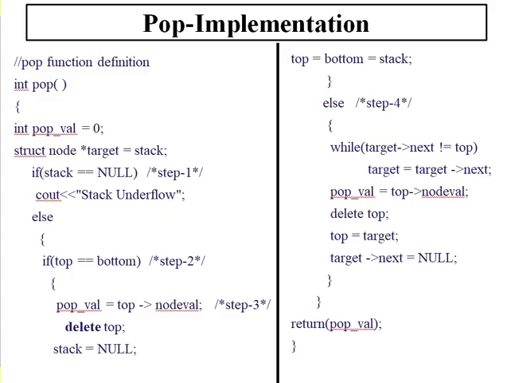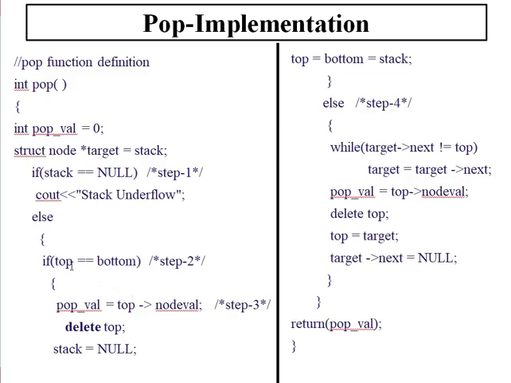That's why we are using the delete keyword for releasing the node space which is reserved by the top pointer variable. And we can set the stack to be null, and the top, bottom and the stack are all equal, because now the stack becomes empty.